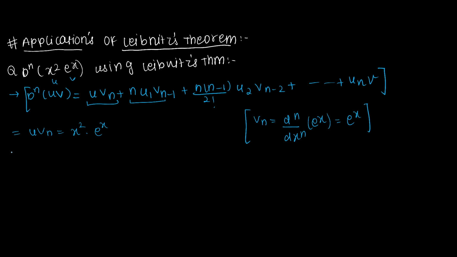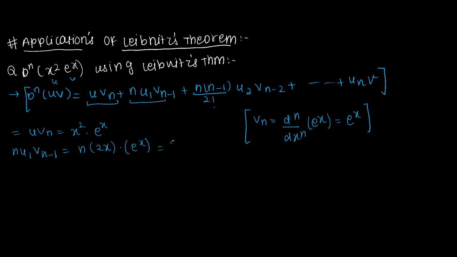Solving the next term, which is n u_1 v_(n-1), it is given as n times u_1, the first order derivative, which is 2x, times v_(n-1). Since differentiating e power x continuously will give us e power x only, I'll be writing again e power x.